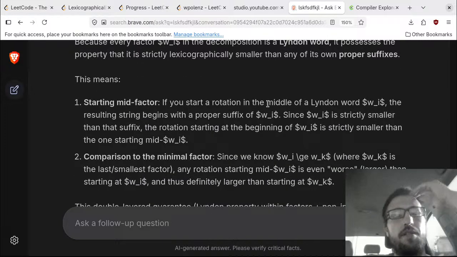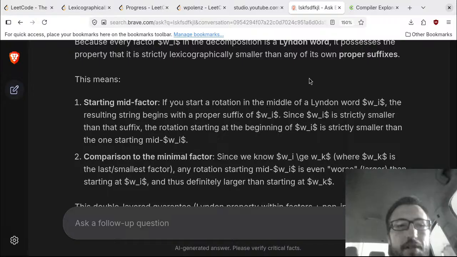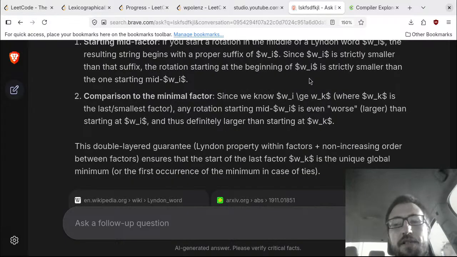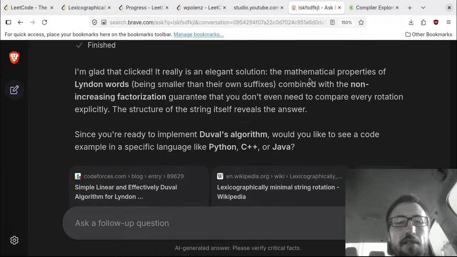This means if you start a rotation in the middle of a Lyndon word, W sub I, the resulting string begins with a proper suffix of W sub I. Since W sub I is strictly smaller than that suffix, the rotation starting at the beginning of W sub I is strictly smaller than the one starting mid W sub I. Comparing to the minimal factor, since we know W sub I is greater than or equal to W sub K, where W sub K is the smallest factor, any rotation starting mid W sub I is even worse, larger than starting at W sub I, and thus definitely larger than starting at W sub K. It's a double-layered guarantee: the Lyndon property within factors, and non-increasing order between factors, ensures the start of the last factor is the unique global minimum, or the first occurrence of the minimum in the case of ties.